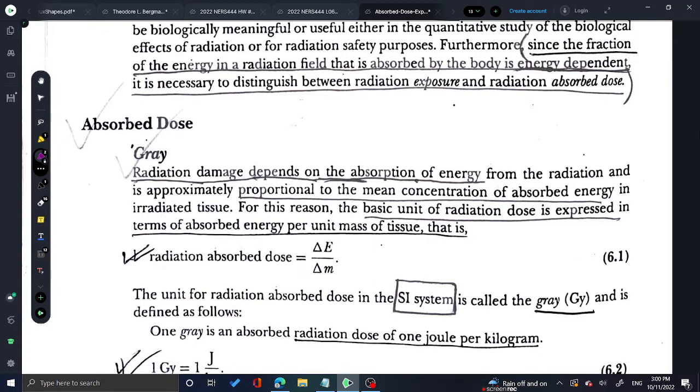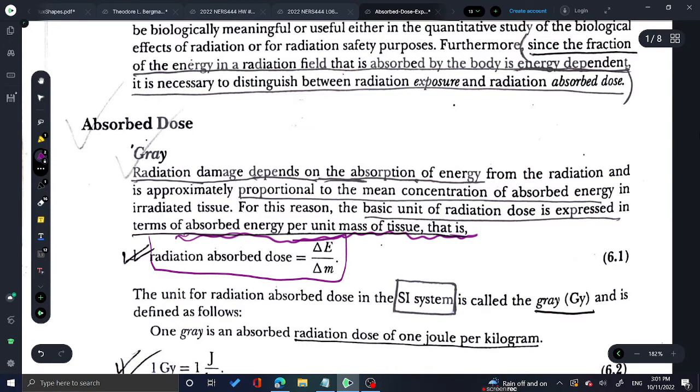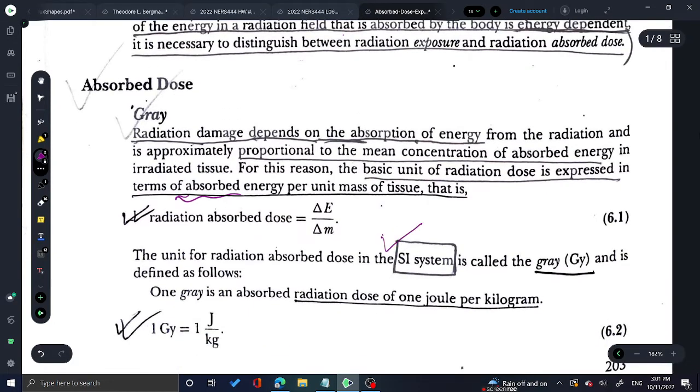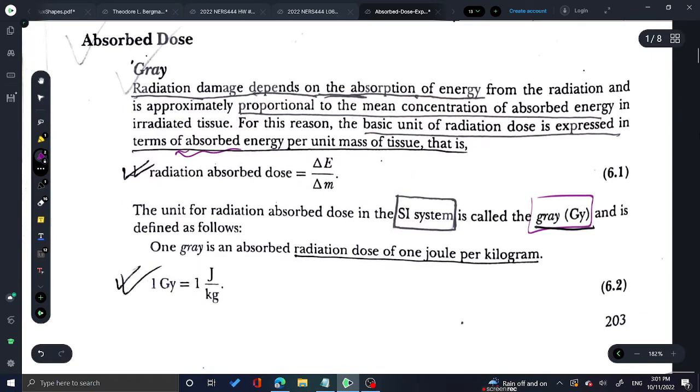It is the absorbed energy per unit mass of tissue. Okay? So radiation absorbed dose is del E by del M. Here del E is the absorbed energy and del M is the mass of the tissue that is absorbing the energy. So this is basically the SI unit for absorbed dose. So as an SI unit we will be using gray.